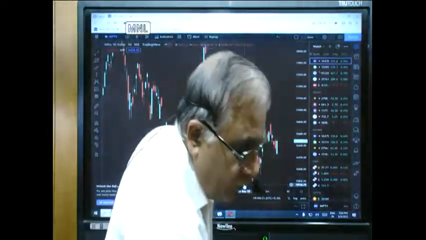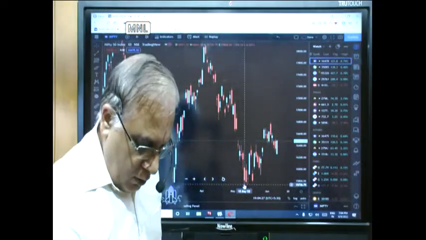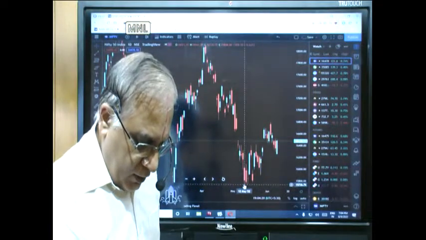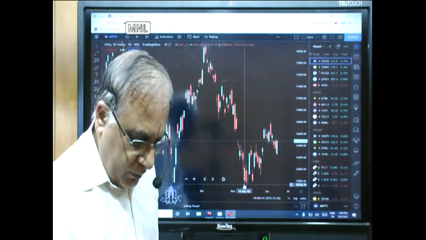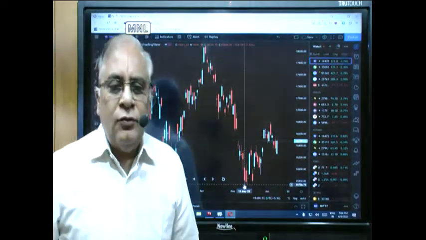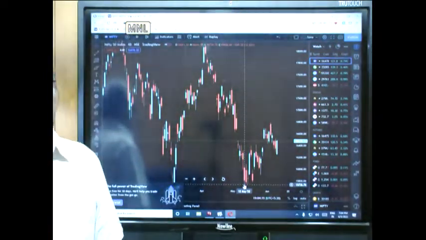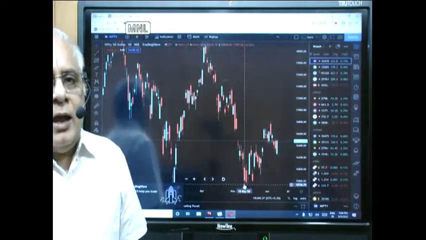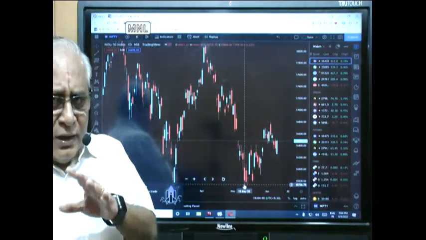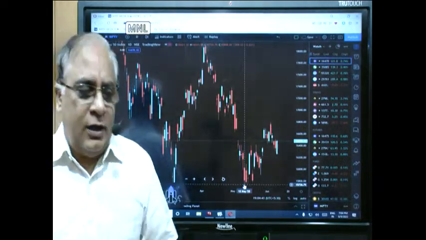So if you look at this number, this is 18,115 minus 15,735. You get something like 2,380, and it is very close to one of the important Fibonacci numbers.